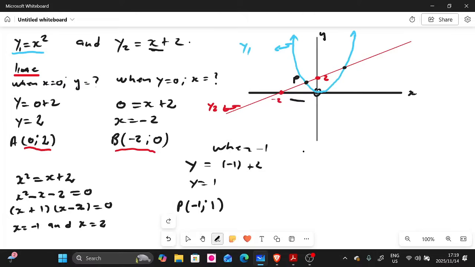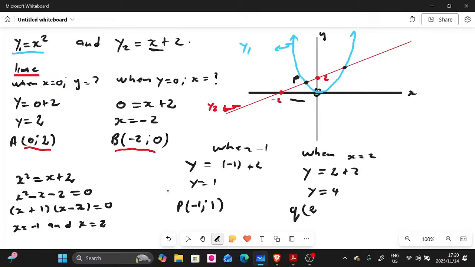And then when x is now 2, right? When x is 2, then we just substitute again on this formula and try to find the y value. So we're just gonna say 2 plus 2, and then y is gonna be 4. So let's call this one point q, right?